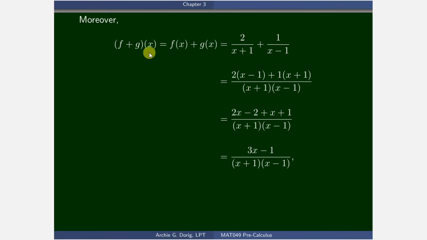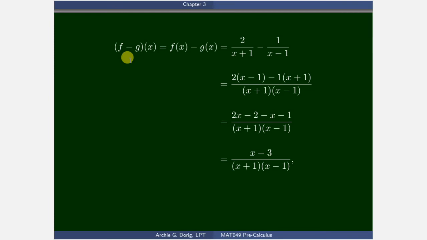So f plus g of x is equal to f of x plus g of x, and this one here, the function f of x plus g of x. Then algebraically, we are going to find the LCD here, and this is the LCD x plus 1 and x minus 1, and this is the sum.